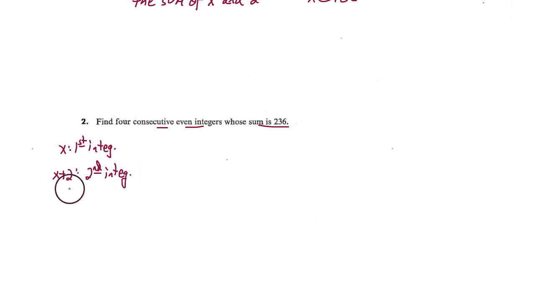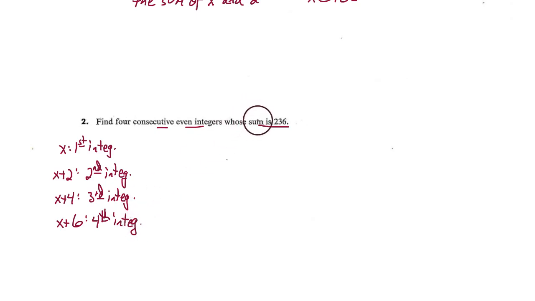The next even integer after that one would be x plus 4. The next even integer after that would be x plus 6. So these algebra expressions can model my 4 unknown integers.